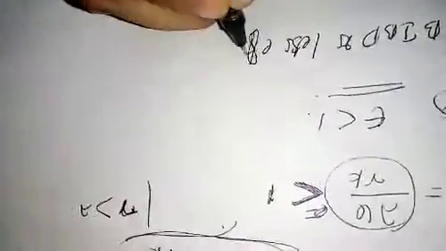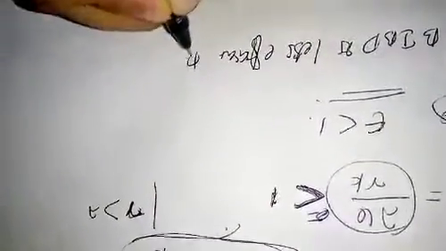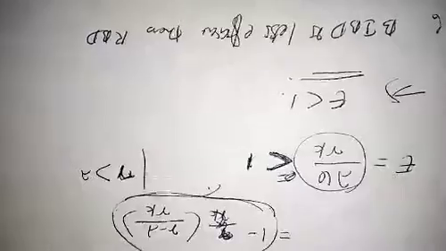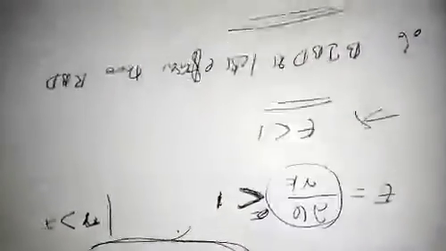Then you can say that RBD is more efficient, that is, BIBD is less efficient than RBD, right?